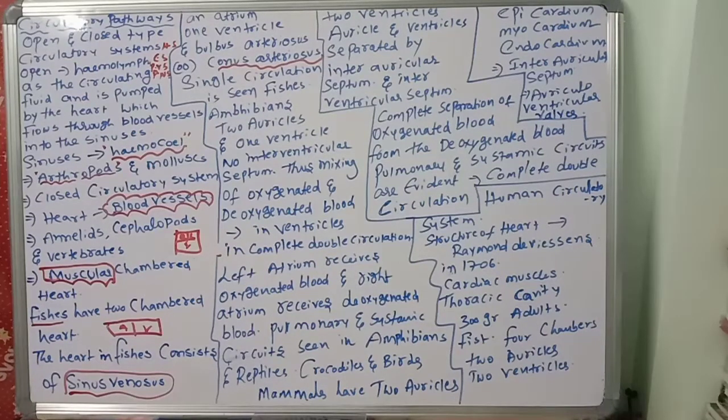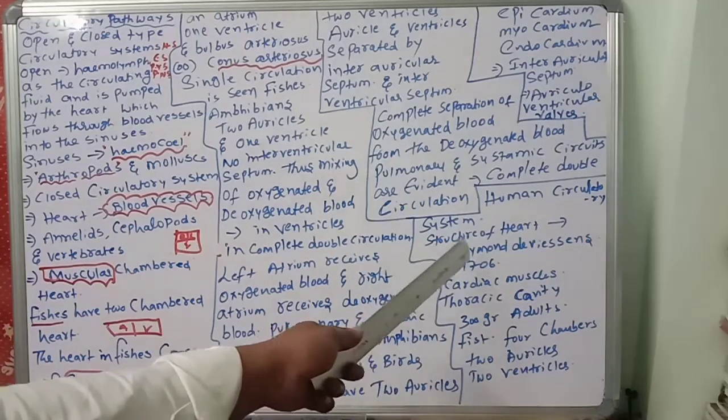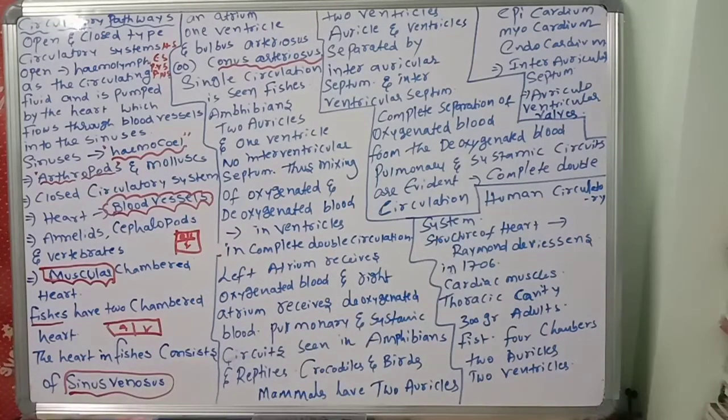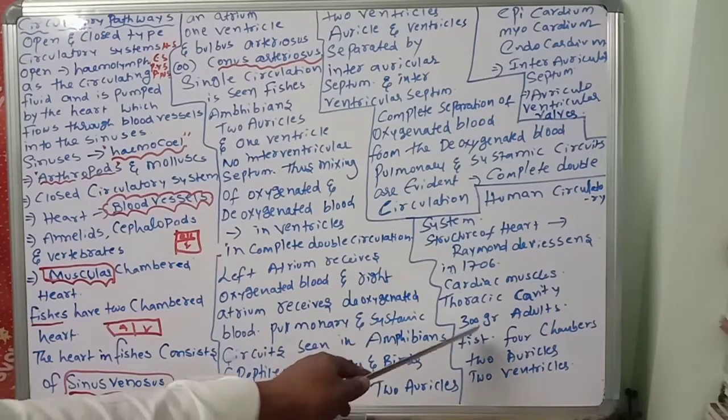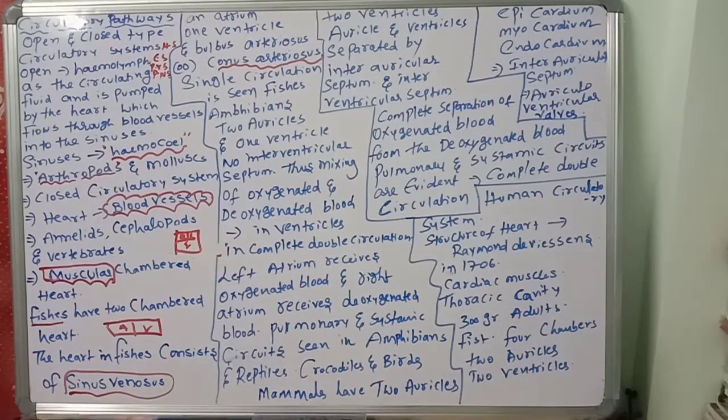Next, the human heart: its structure was first studied by Raymond Vieussens in 1706. The heart is made with cardiac muscles and is located in the thoracic cavity. The adult heart weighs 300 grams, and its size is a closed fist. There are four chambers, two auricles and two ventricles.